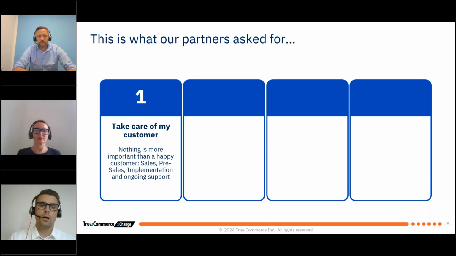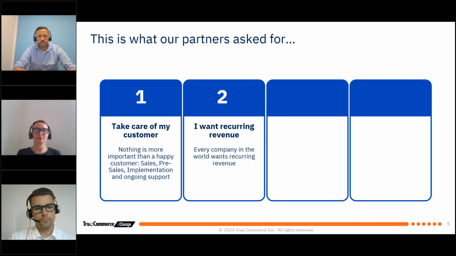This holds true not only in the sales process, including Alan's department, which is pre-sales and sales engineering. This also holds true when you're working with our direct sales team, with our implementation teams, and obviously with our support team. This is our priority number one, and we have heard the partners loud and clear.